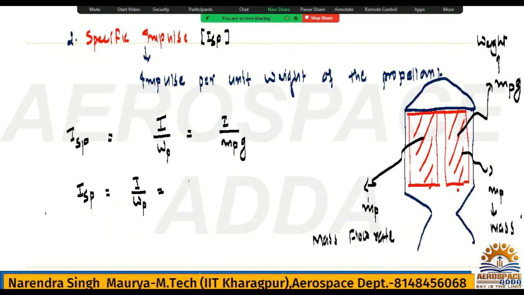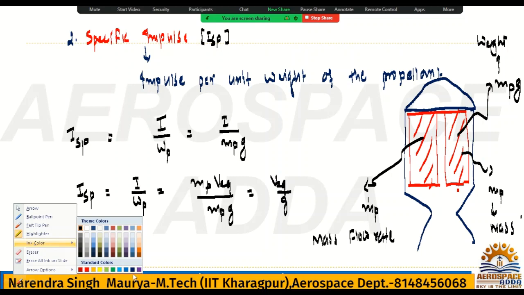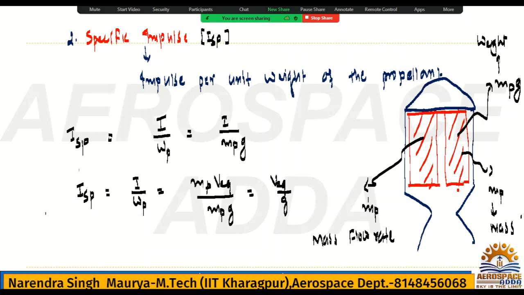So you can write here MP into V equivalent divided by MP into G. So it is nothing but V equivalent by G. This formula you need to remember.